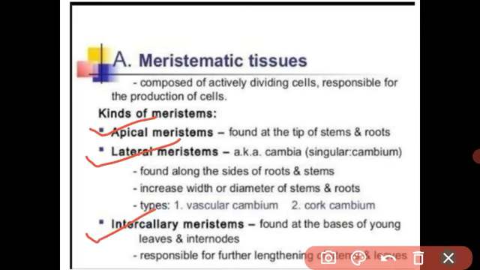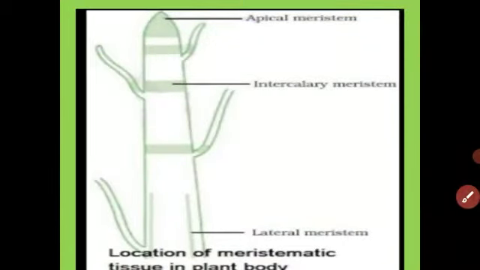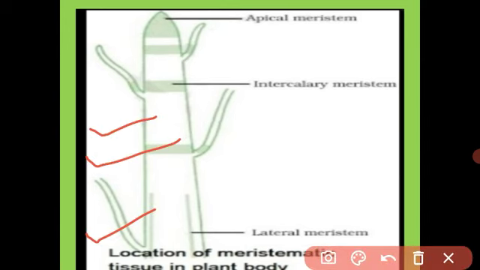First, I will show the structure, where it is present. See, this is the shoot part of the plant. The apical meristematic tissue is present on the tips of the shoot, means tips of the growing part of the plant. कहाँ पे present होते हैं apical meristematic tissue?